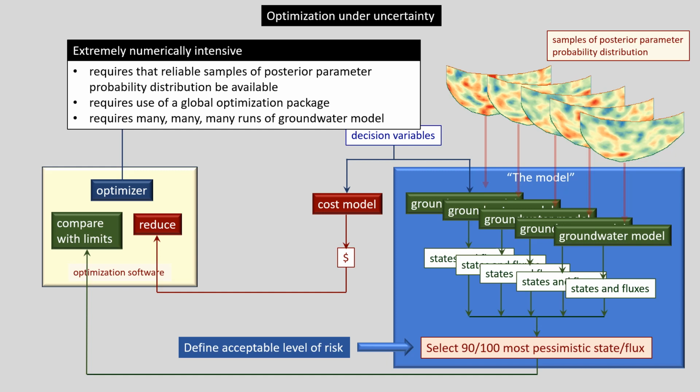Because this is now quite a nonlinear optimization problem, because it's probabilistic, we have to use a global optimizer. And as I said a little while ago, that requires a lot of model runs.